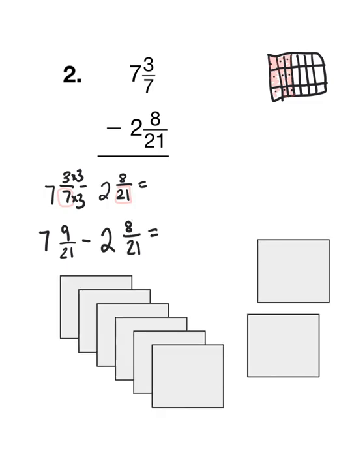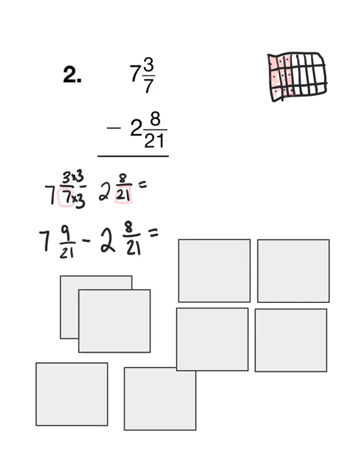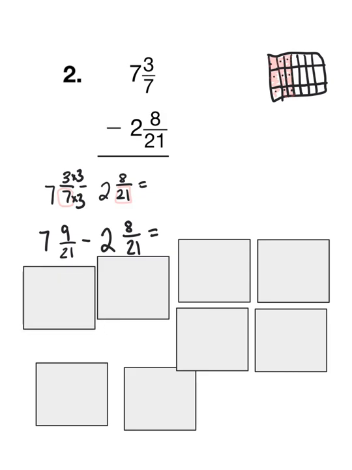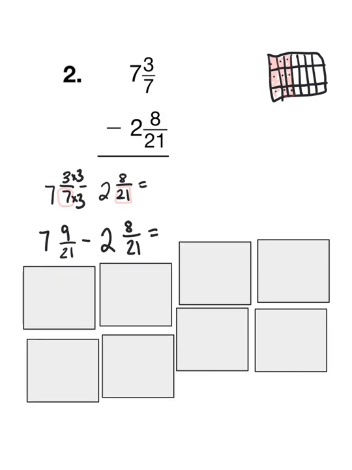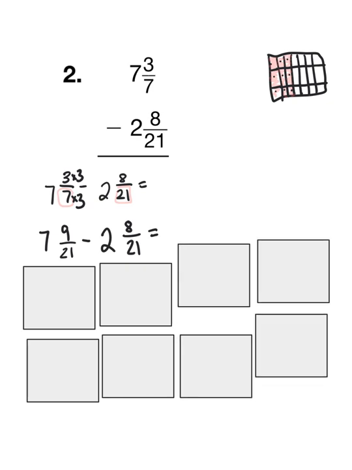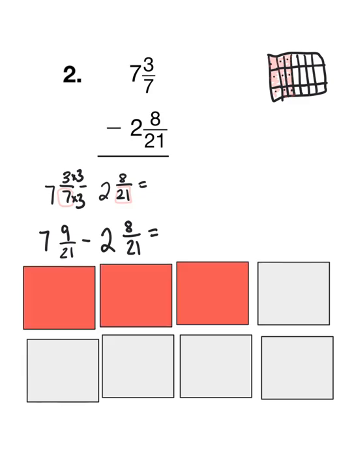Okay, so here are my 8 squares or rectangles. Now I need 8 because I've got 7 wholes and then a portion of one more. So I can fill up 1, 2, 3, 4, 5, 6, 7. That's my 7 wholes.